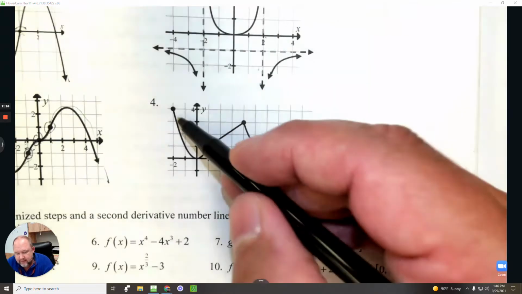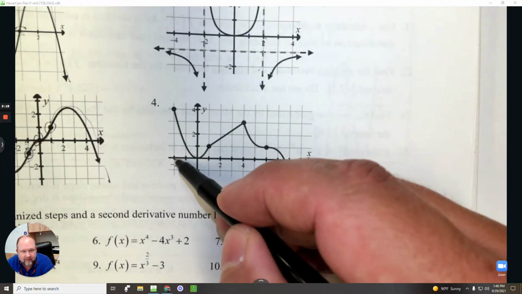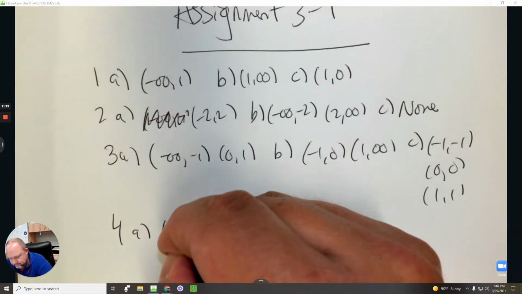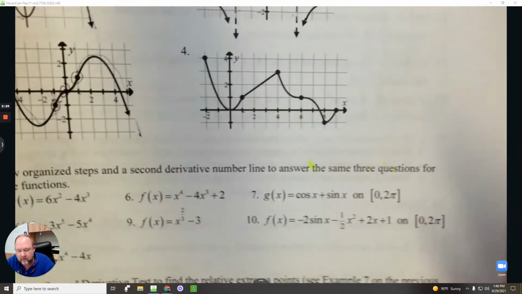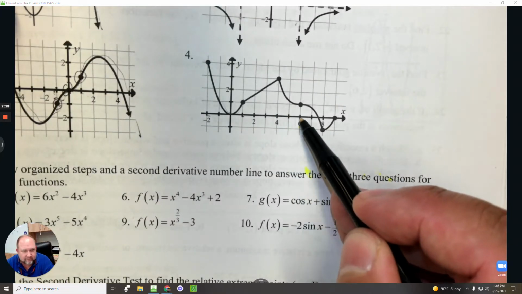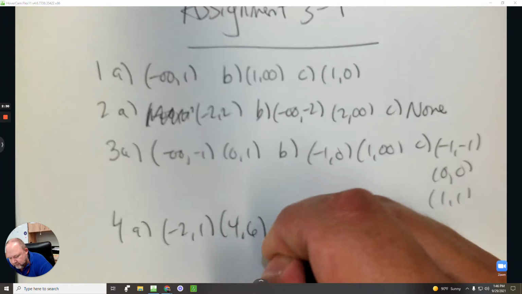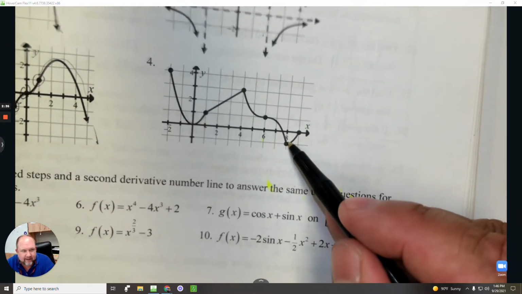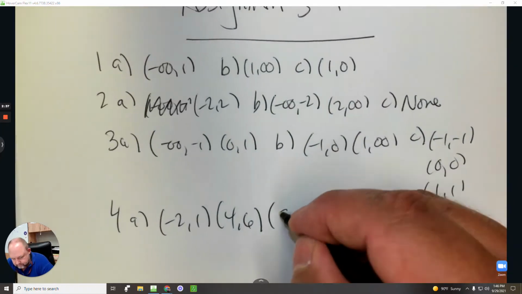Number 4, it's concave up from negative 2 to 1. It's also concave up from 4 to 6. And it's also concave up from 8 to 9.